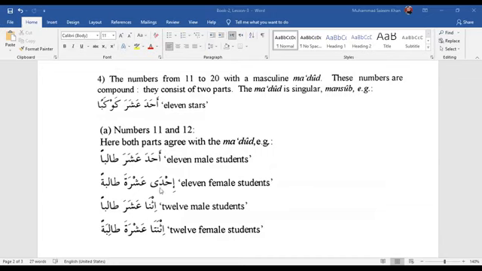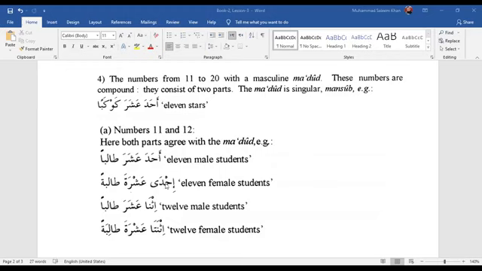And for the feminine, we have already learned that the word we use for feminine will be ihda. So look here, ihda ashrata talibatan. Ahada is used for masculine, ashara is also used for masculine, and taliban is also masculine. So all three are the same, they are all masculine. Here, ihda is used for feminine, ashrata is also used for feminine, and talibatan is also used for feminine.